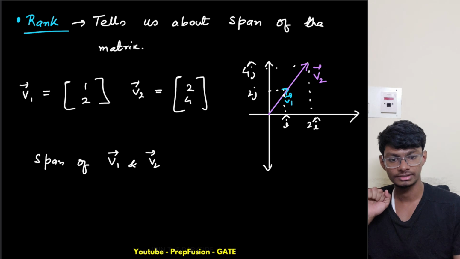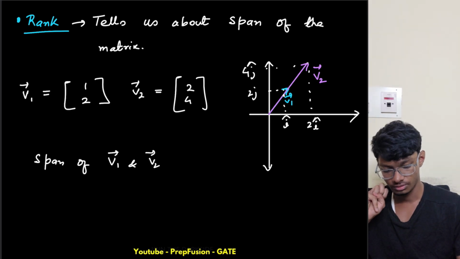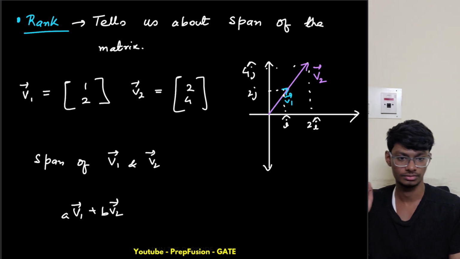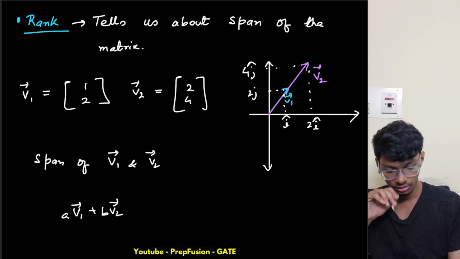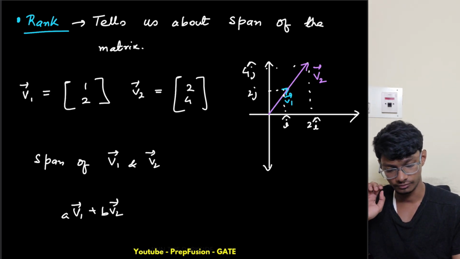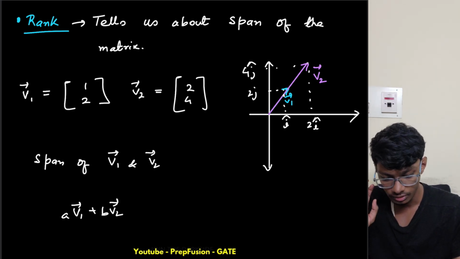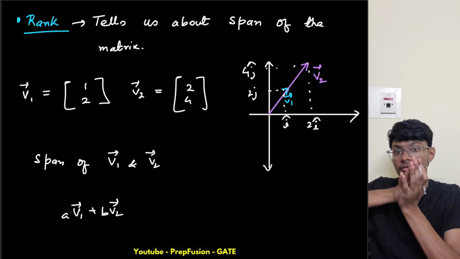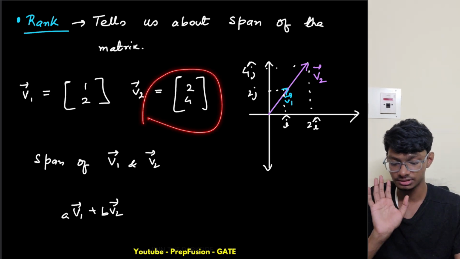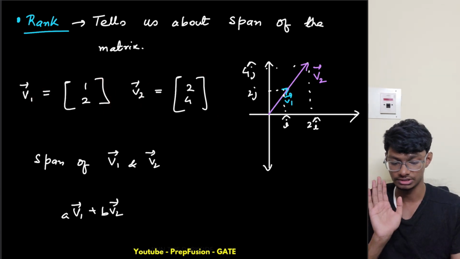So what will be the span this time? How do you find the span? It is a V1 plus b V2. Now I can expand V2, applying the same theorem I told you just before. Initially I had only V1.